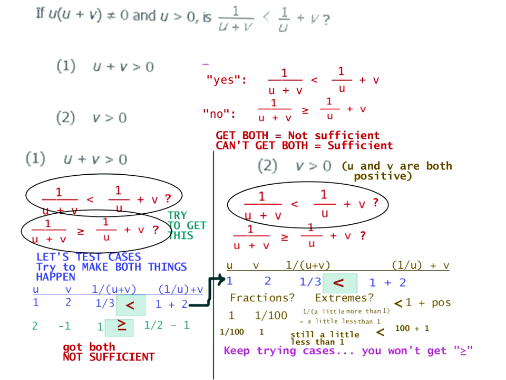It's not a thing. As far as why this actually works, let me take this on to the next page and let's talk about why. So in statement 2, this is the inequality that you're trying to do. Why statement 2 works: it works because u and v are both positive.